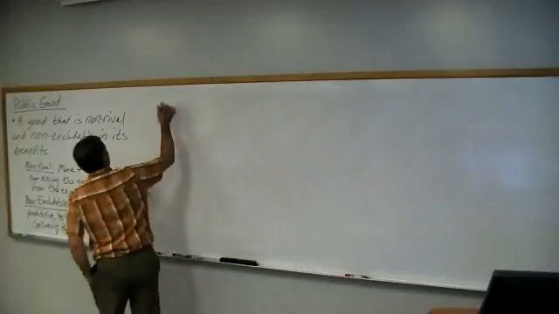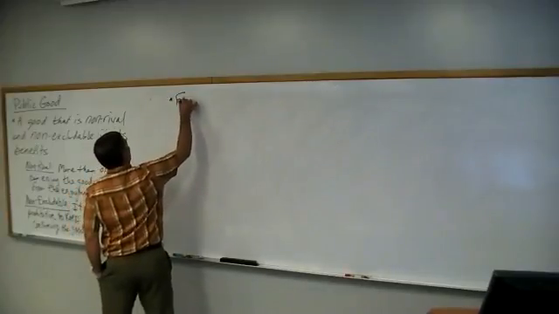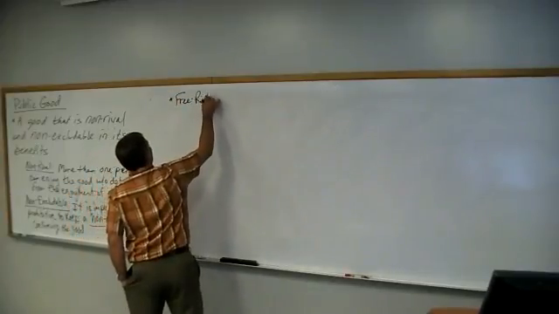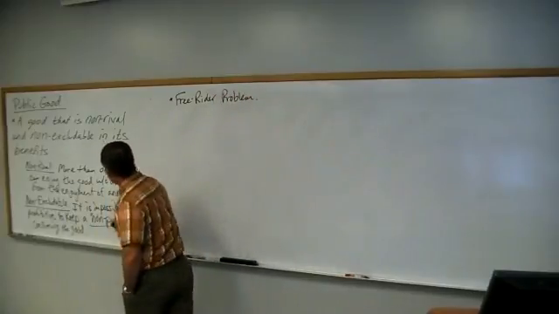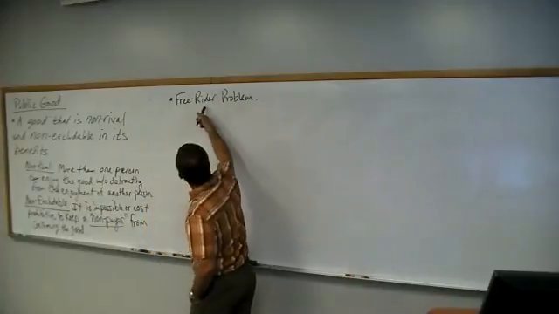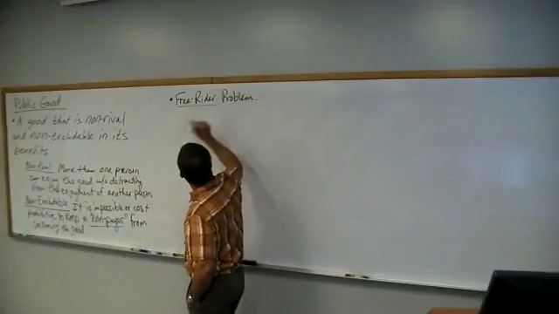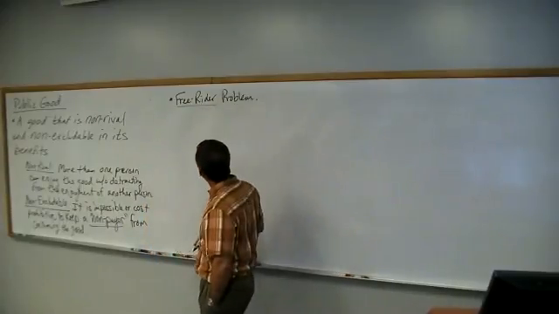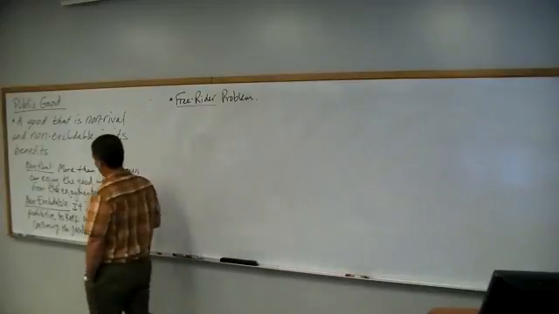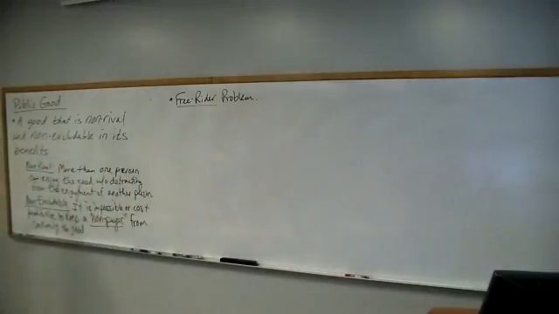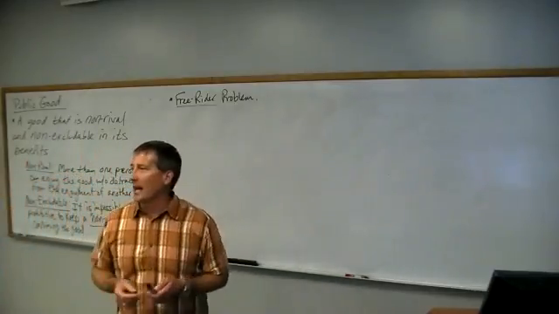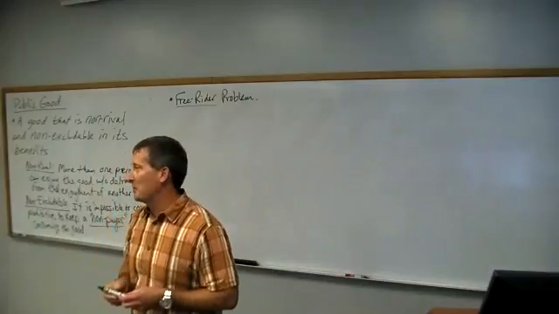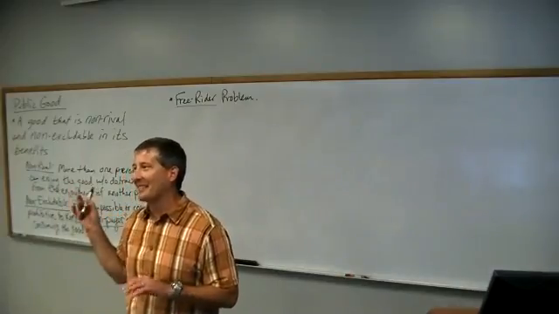But this leads us to the free rider problem. The non-payer is what economists call a free rider. But it doesn't necessarily have to be money. How many of you have had a class group project where there's been a free rider, right?